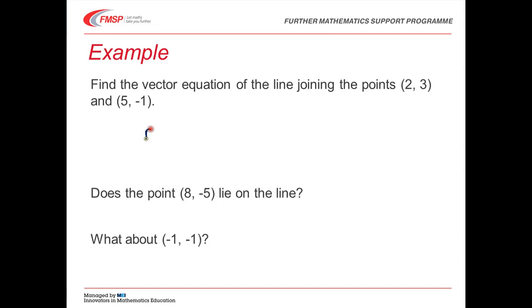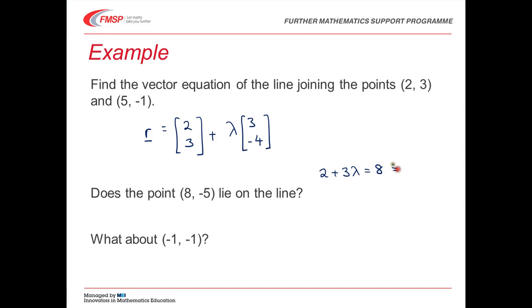So this was the vector equation that we had, and we can use it to see if particular points are on the line. Does the point (8, -5) lie on the line? To start with, we'll use the x-coordinate to find lambda. The x-coordinate is 2 plus 3 lambda, and that needs to be equal to 8.